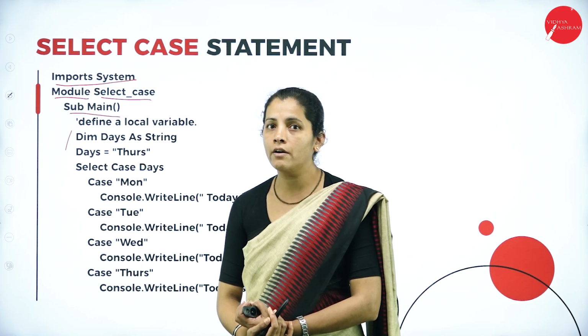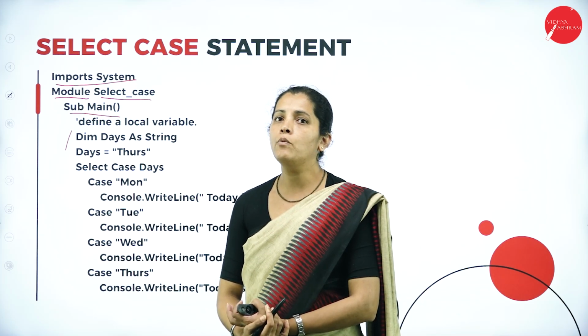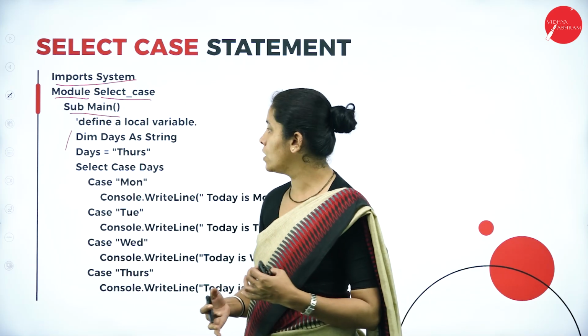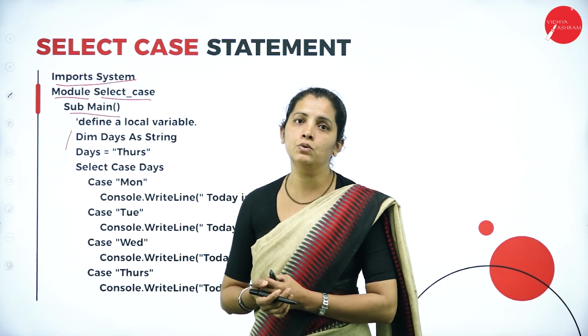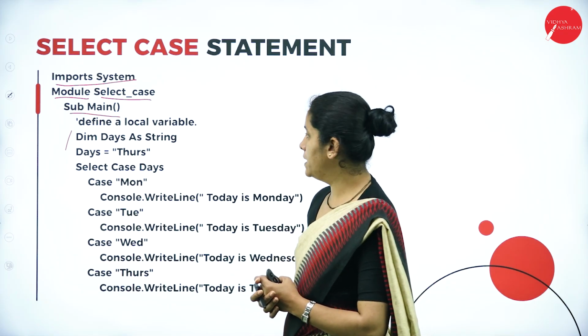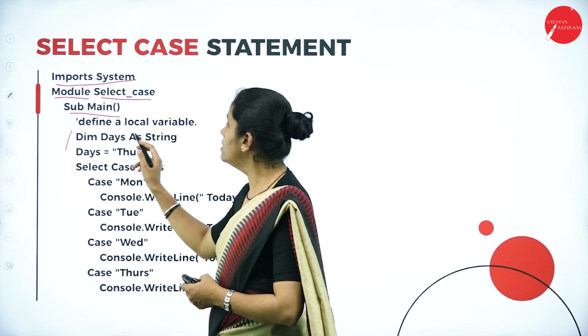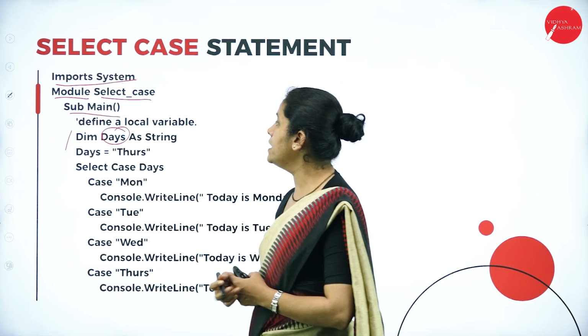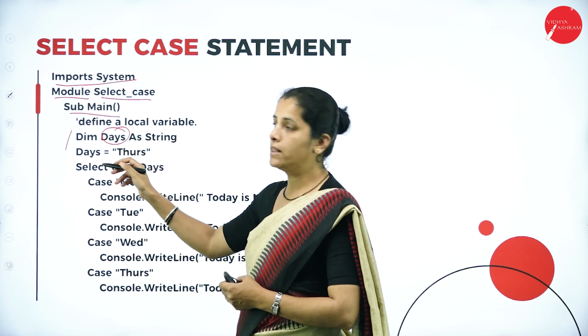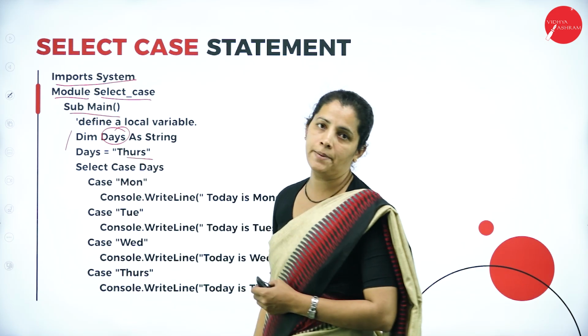There are 7 days. Now, I want to check, is it Monday, is it Tuesday, and so on. For that, I'm going to use the select case statement. Here, days is a string, and by default my day is Thursday.